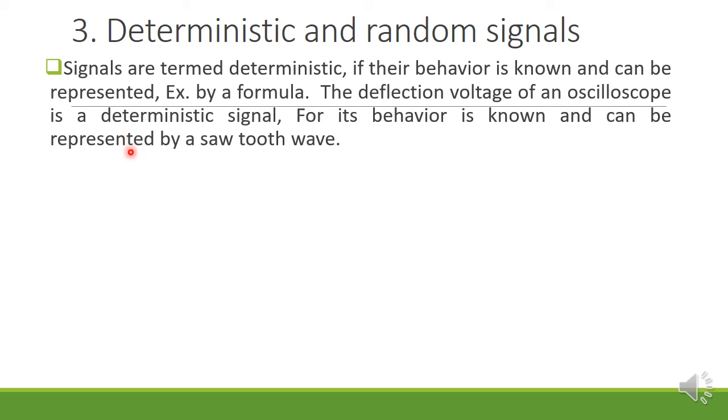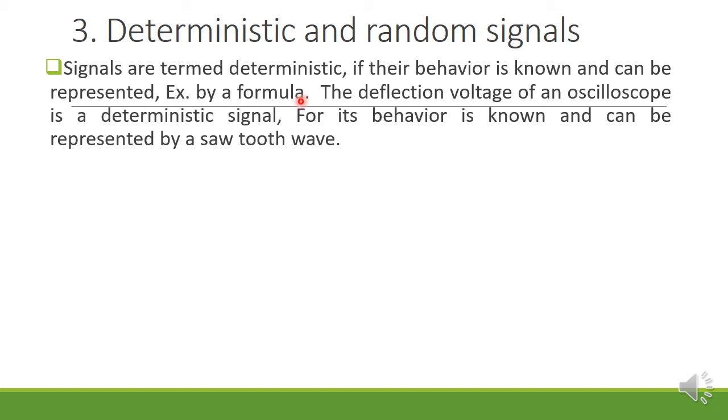A signal, say x of t, is termed deterministic if the signal behavior is known and can be represented by a formula.